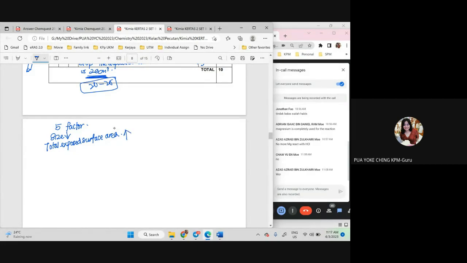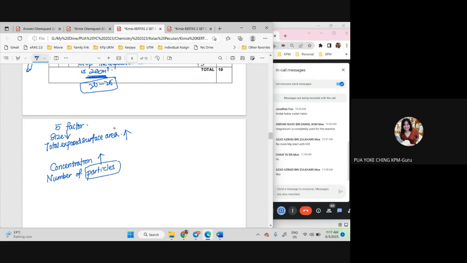The next one is about concentration. Concentration tinggi, and then your number of particles. Okay, particles ni kena jaga. Tengok dia apa.